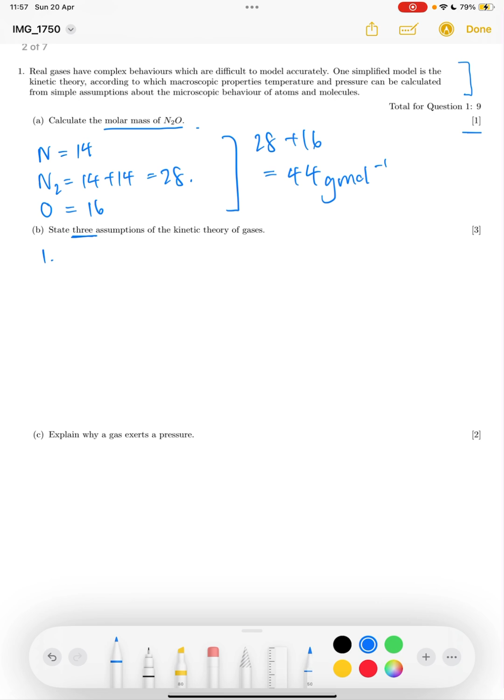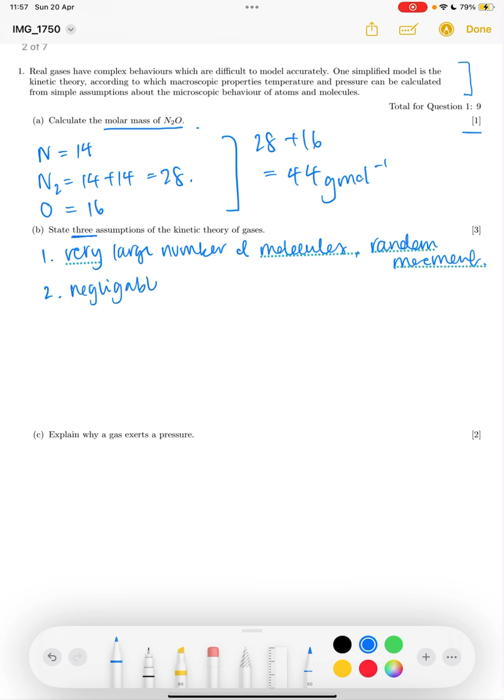You can say that there are a very large number of molecules that we're accounting for. Okay. You can add that they move in random ways. For number 2, we could talk about how they take up very little volume. We can say that when they collide elastically.